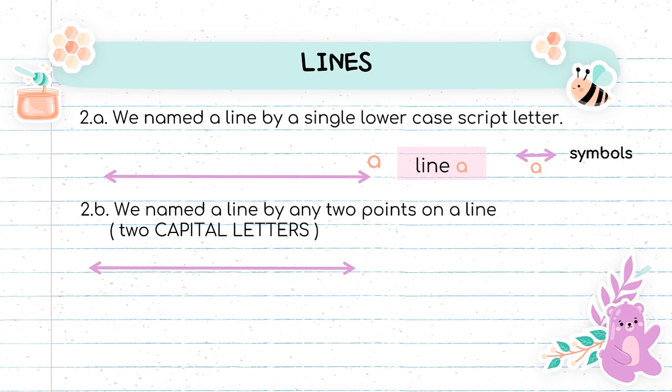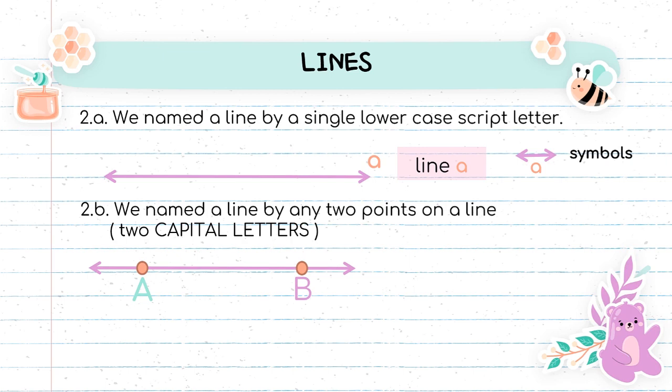We can also name a line by 2 points on the line. You need to have points, and we name points by capital letters. Have an example. I have here a line. And yung line has 2 points. We have point A and point B. So, yan yung figure ng ating line.